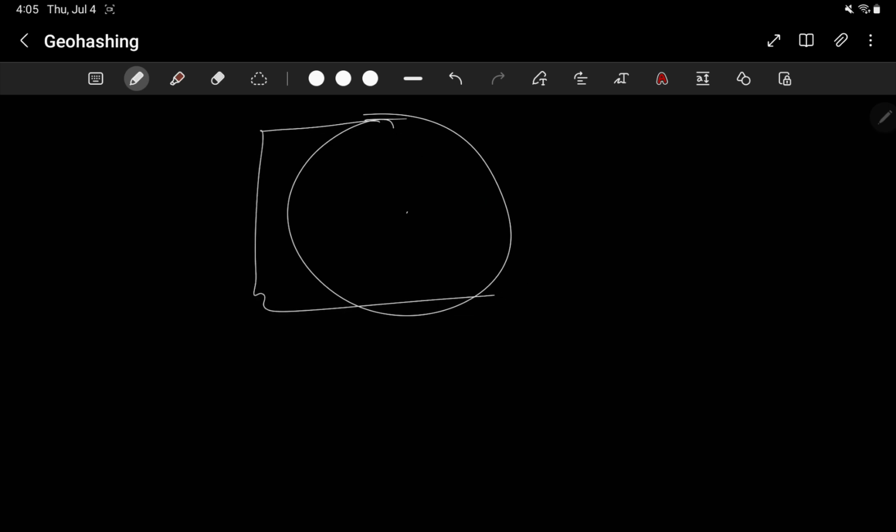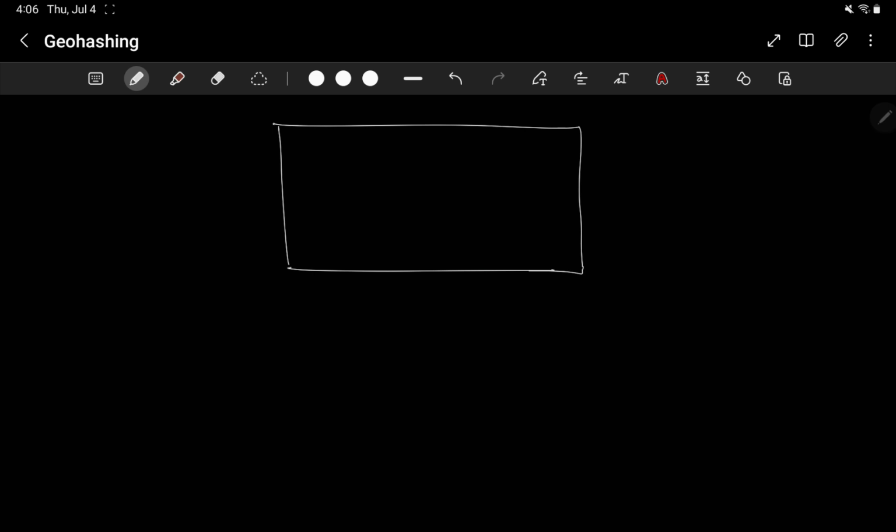Okay, and just to give you a visual representation of how it works, for example, let's say this is our Earth. What we are going to do is spread this into a rectangle. We will open this up, just for simplicity.